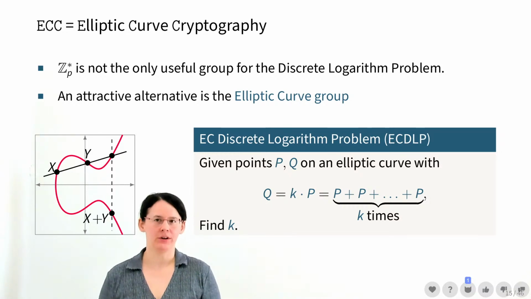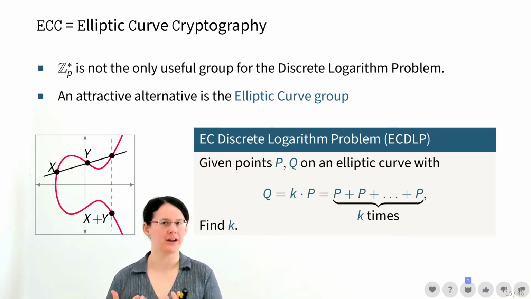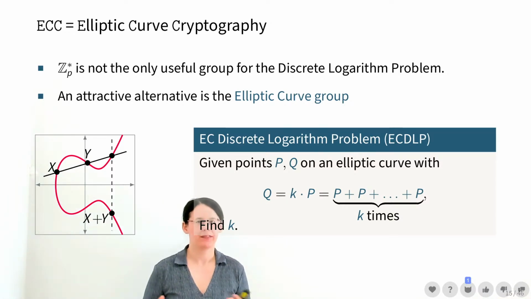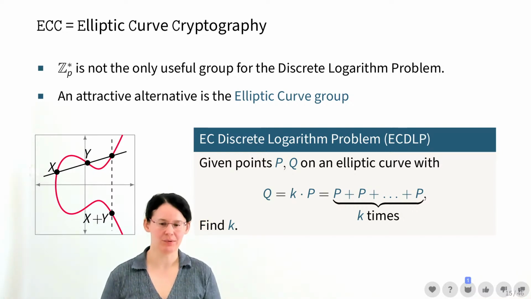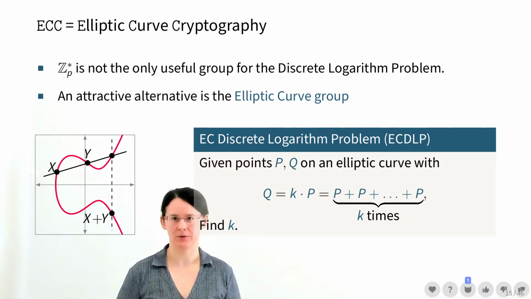And with these points you can also do a sort of arithmetic. So they also have an operation and they can also be generators and generate other points. But the mathematical rules to implement them are a lot more complicated. That's why I'm not explaining them here.